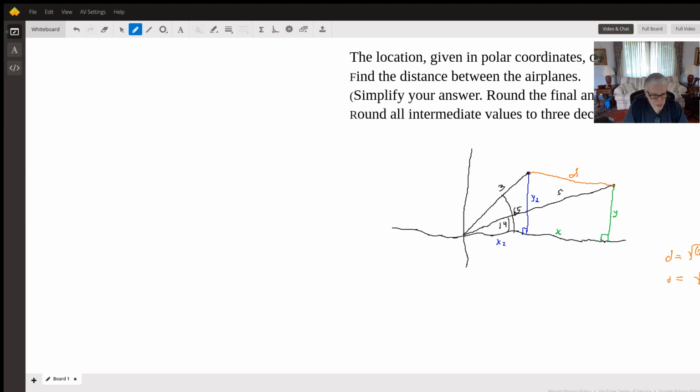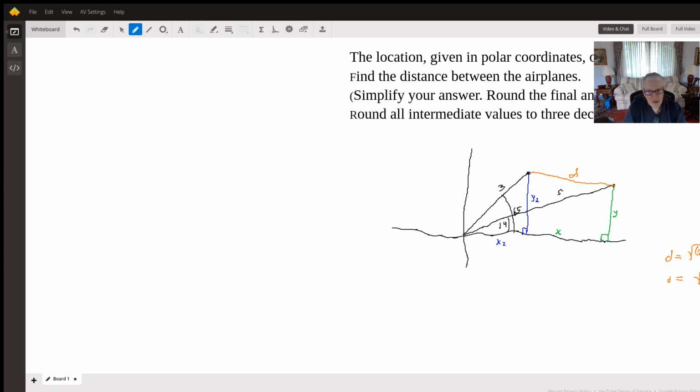Okay, and we're just going to add 2.277 to that, and then we're going to take the square root of that. And I'm getting 3.889 as my answer, which seems reasonable.